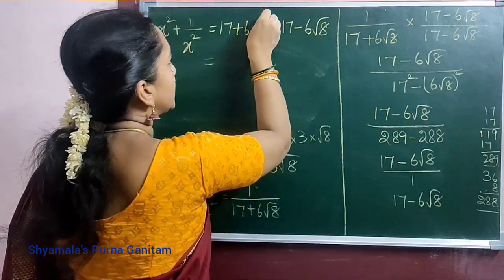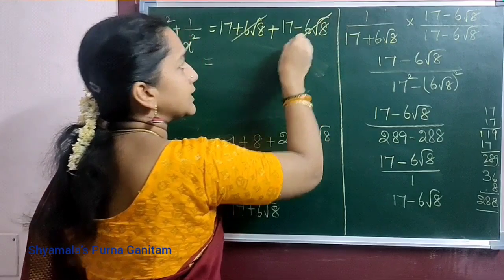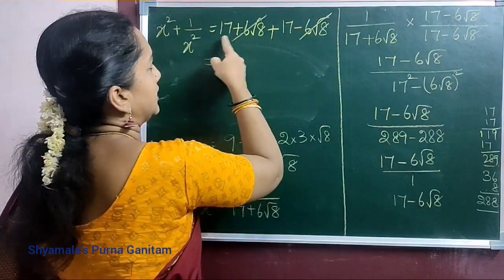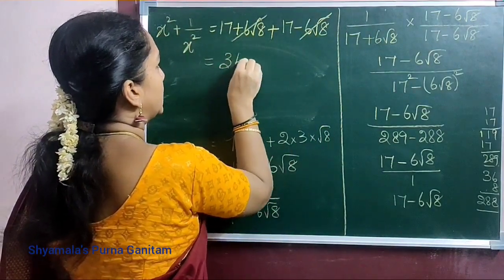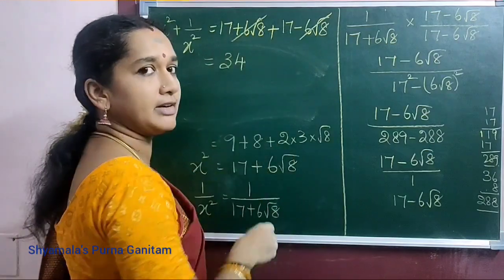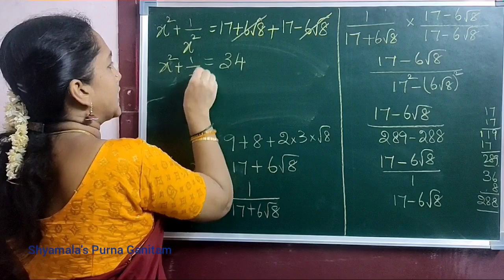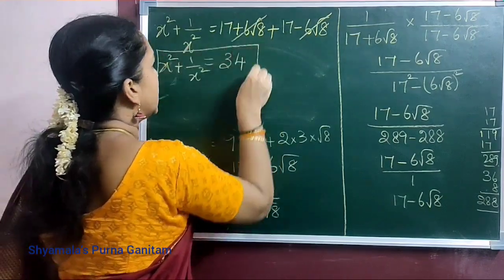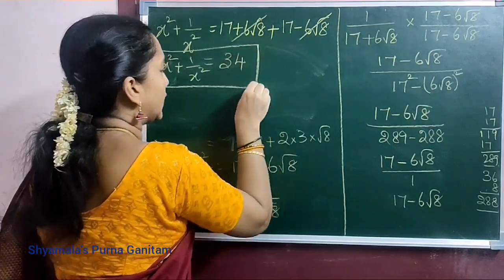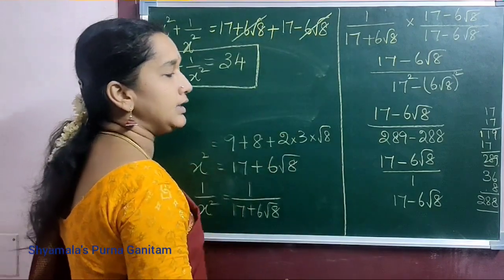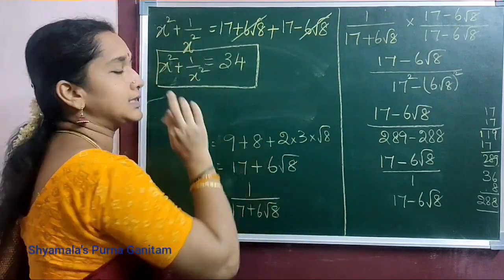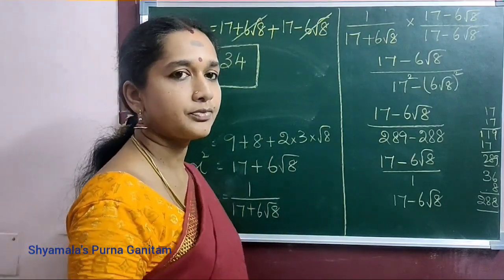So here plus 6 root 8 and minus 6 root 8 will get cancelled. So 17 plus 17 is 34. So this is our answer. They are asking you to find the value of x squared plus 1 by x squared. When you simplify in that method, you will get the answer as 34.